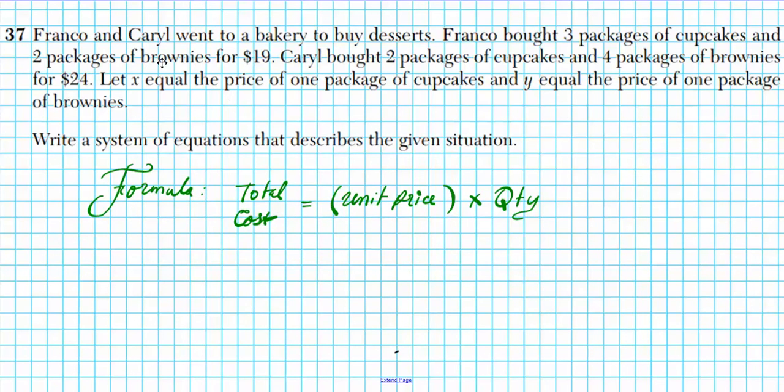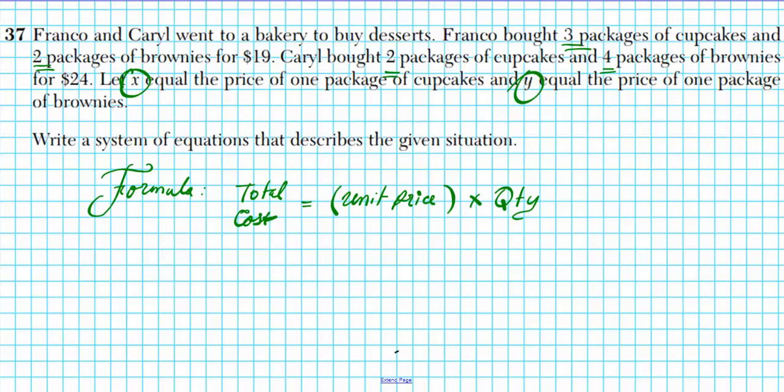So in Carl and Franco's situation, quantities are provided for cupcakes and brownies, 3, 2, 2, 4, and the unit prices are x and y for cupcakes and brownies respectively. That's what we're going to be using to set up our system of equations.